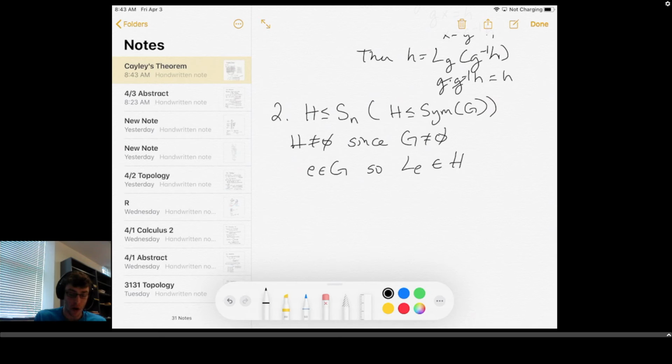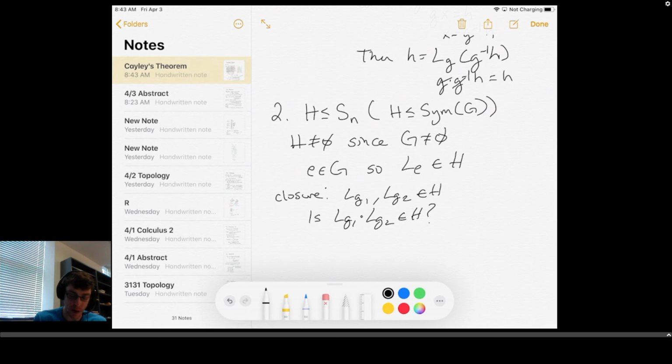What does it mean to be closed? So for closure, we want to take L_g1 and L_g2 in H. And then we want to see, is their product in H? And product meaning function composition here, right? These are functions.